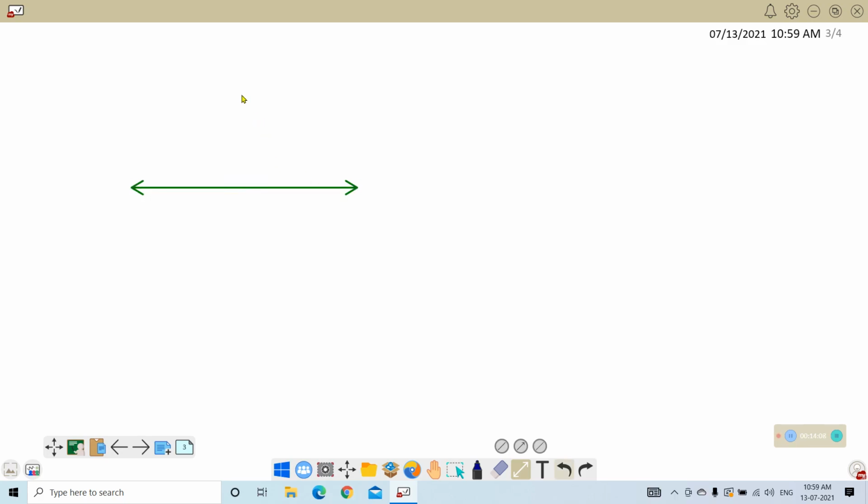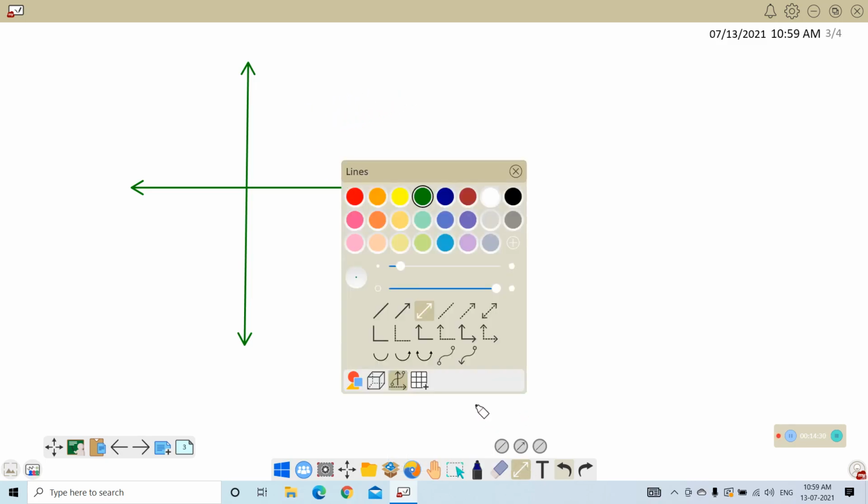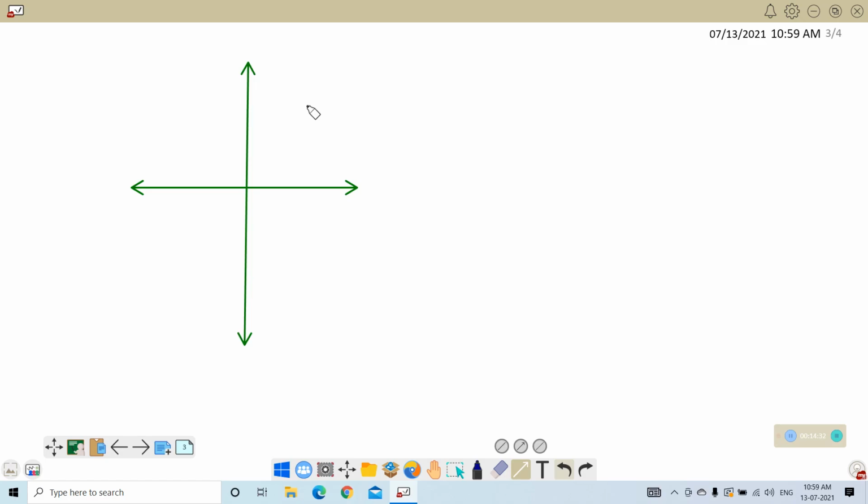This is x-axis and this is y-axis. And this is a line. This is a line like this.